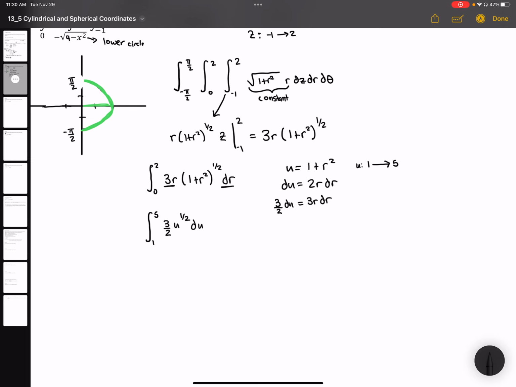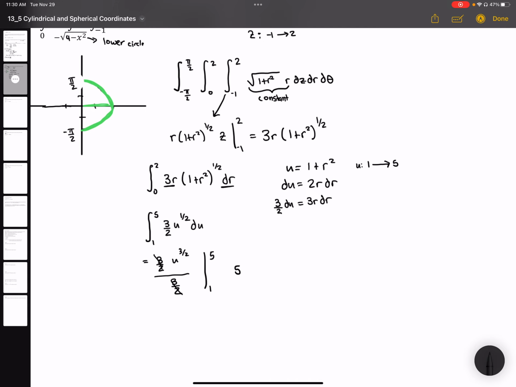And when we integrate this, we're going to get 3/2 u to the 3/2 all divided by 3/2 or multiply by 2/3. And we want to evaluate from 1 to 5. So those 3/2 actually cancel out. And so we just get u to the 3/2.